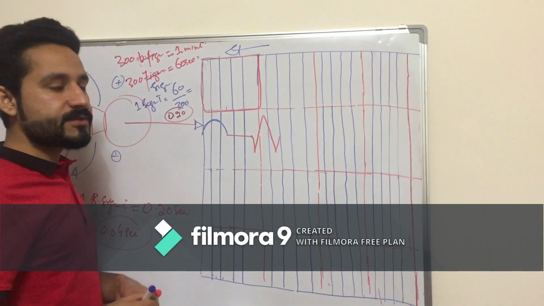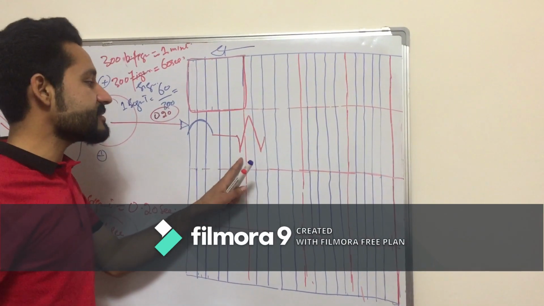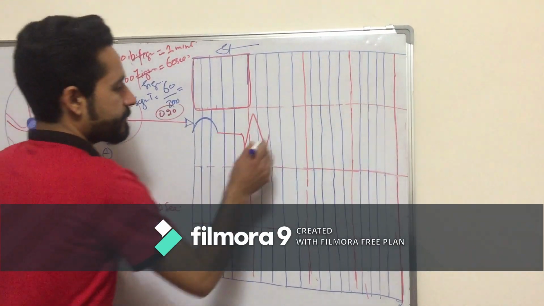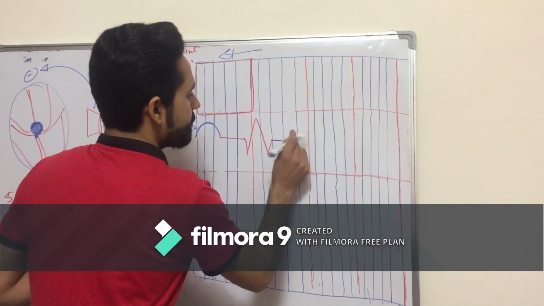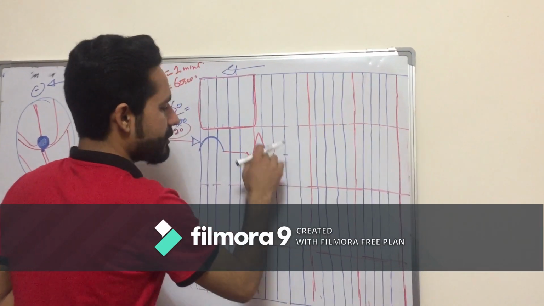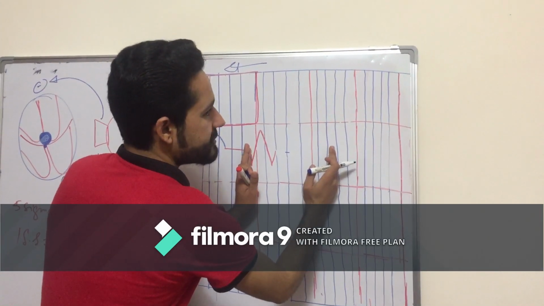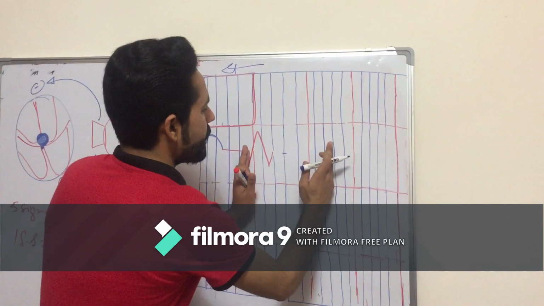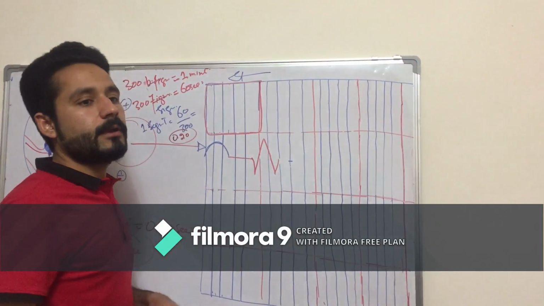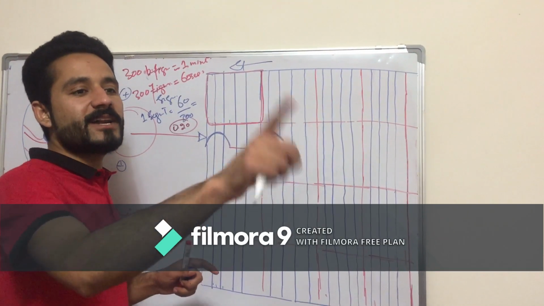And again, as we have studied, the QT segment, or QT interval, from this point into the repolarization wave, this is called the QT interval. So the QT interval will occupy 10 small segments.